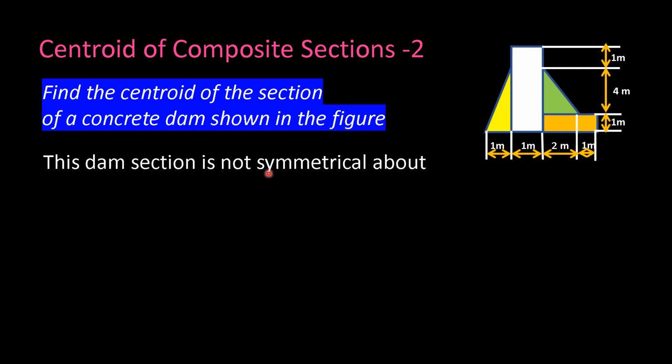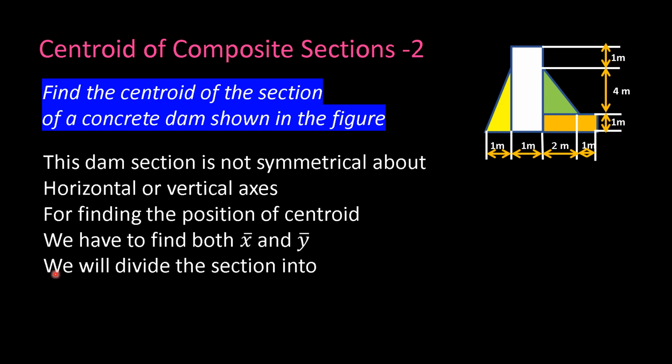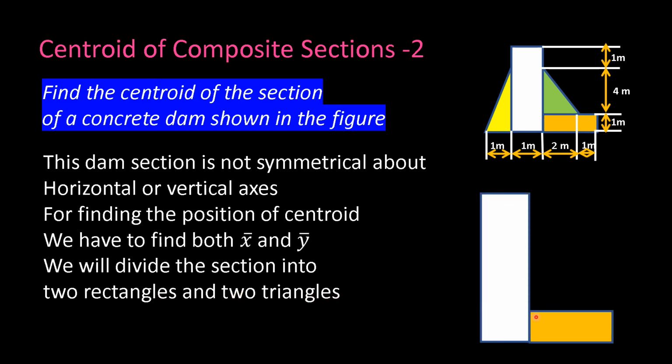This dam section is not symmetrical about horizontal or vertical axis. For finding the position of centroid, we have to find both x bar and y bar. So, we will divide the section into two rectangles and two triangles like this. Two rectangles, these two rectangles, and two triangles, these two triangles.